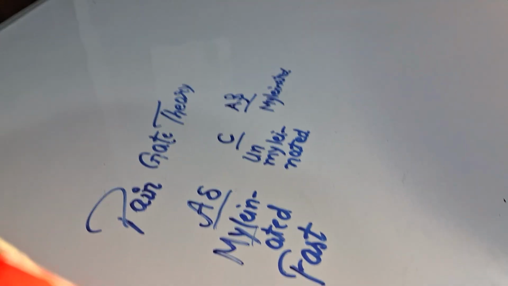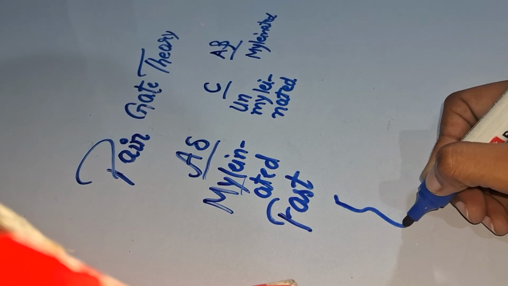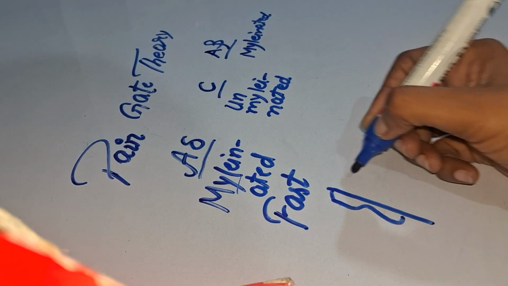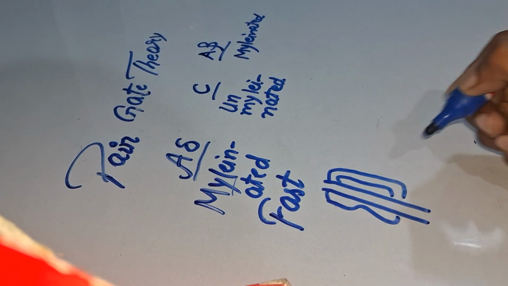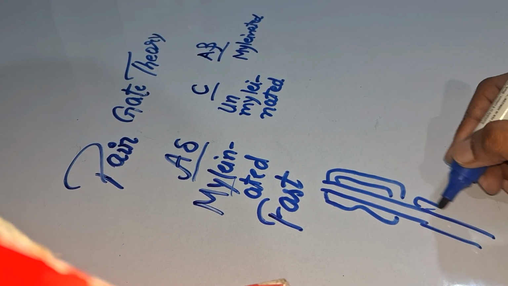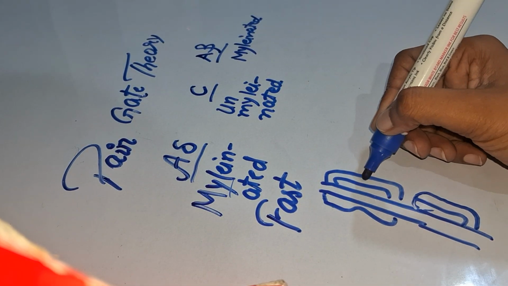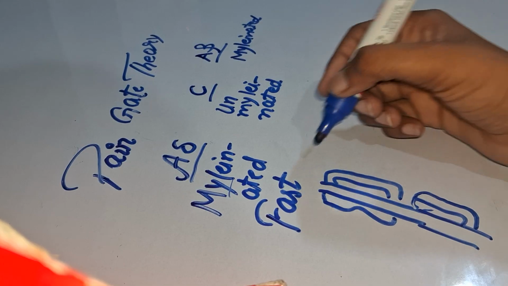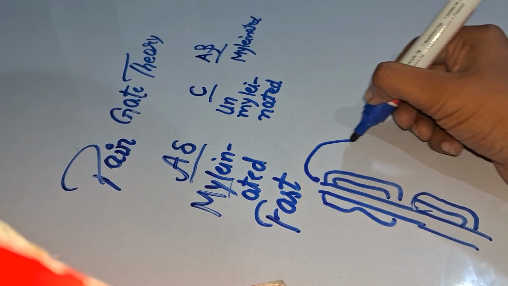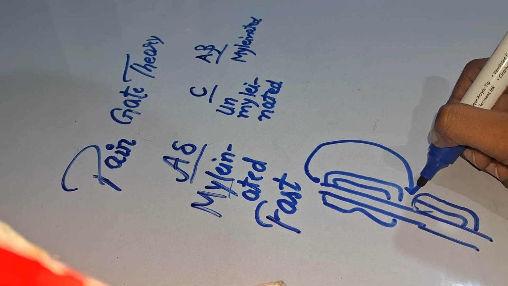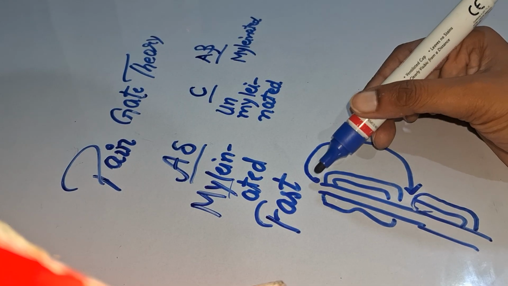In myelinated neurons, there is a jumping conduction involved. Suppose this is an axon, this is myelin, and this is again myelin sheath. The myelin sheath is insulating, as I told you earlier. Here is our impulse. The impulse directly jumps from here to here. It will not pass through the myelin sheath because it is insulating. It will conduct like this.